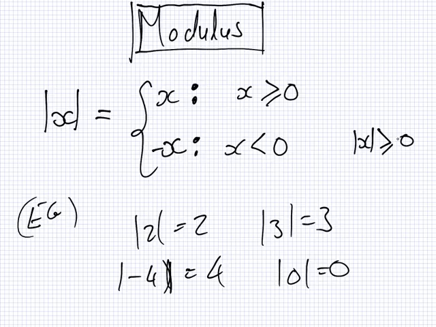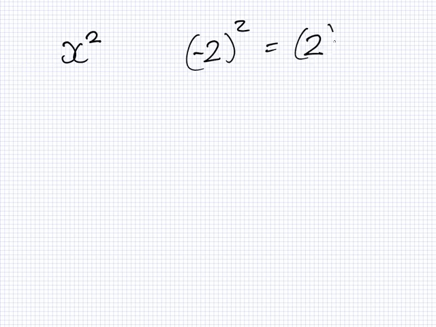Continuing. So, how can we deal with modulus functions algebraically? For example, how can we cancel a modulus function? Well, there is one way to easily cancel it. Let me show you why. If you have a number squared, you don't actually care if it's positive or negative. For example, minus 2 squared is the same as 2 squared.